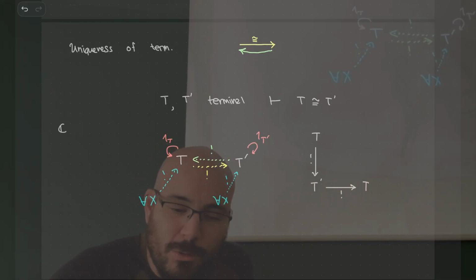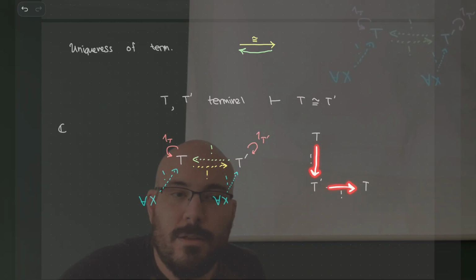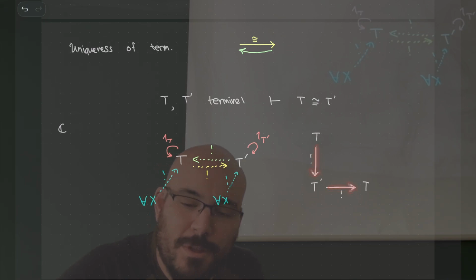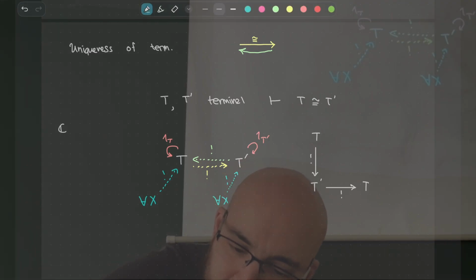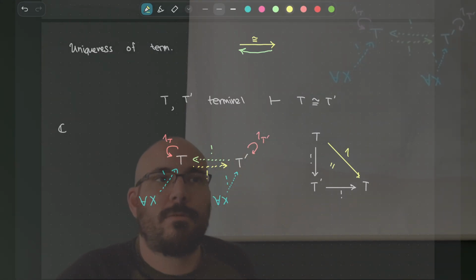What I want to do in order to justify one of the two things that I want to justify is that the composition of this and that is what? Identity. Yes, exactly. Thank you, Panos. So I do have this thing, right? So what I need to verify is that this commutes. What does it mean to commute?